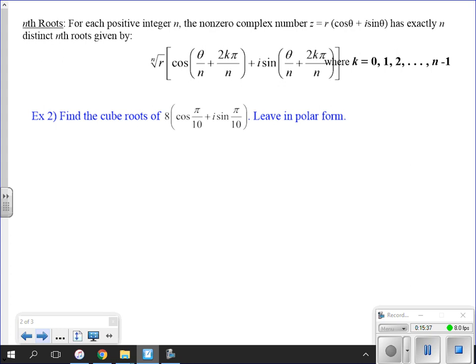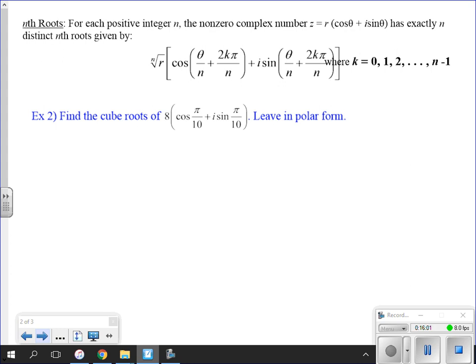Great, it's 2. But when you have complex numbers, you're going to have 3 separate roots. Some real, some complex, depending upon what we're dealing with.